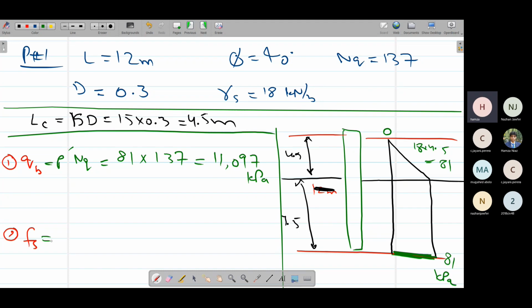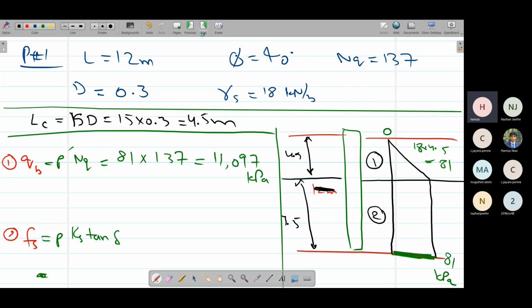And for Fs, the formula we have is P Ks tan delta. Looking at this problem, we have two layers. The first one is before critical depth, the second one is after critical depth. In each case, the P value is changing.